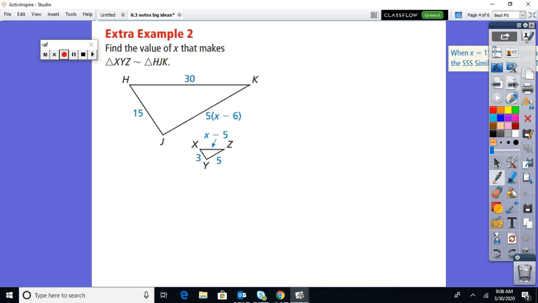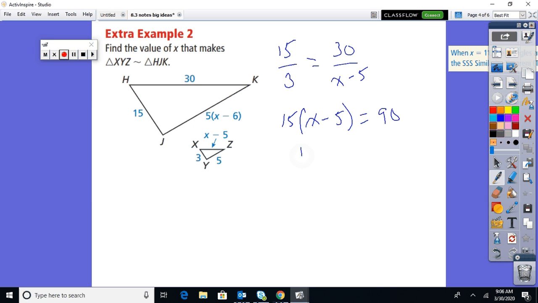The extra example for 2, and again, we want to set a proportion up. So you can say 15 is to 3 as 30 is to x minus 5. Cross multiply. 15 times the quantity of x minus 5 equals 90. Distribute.